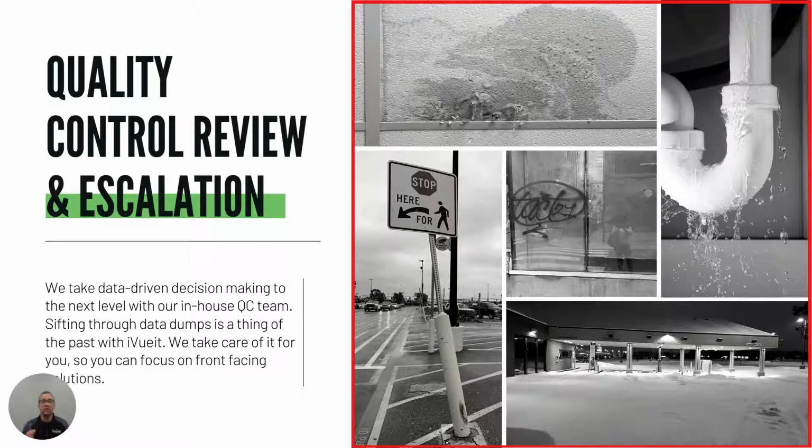And what we're escalating is really any major deficiencies that they find, or anything specific that you guys want to have us call out as we're going through the data as well. And really this is a value add to you and your teams, so that you're not having to spend the time going through the data and finding these items. We're doing that as we're going through it and looking at all the views that come in.